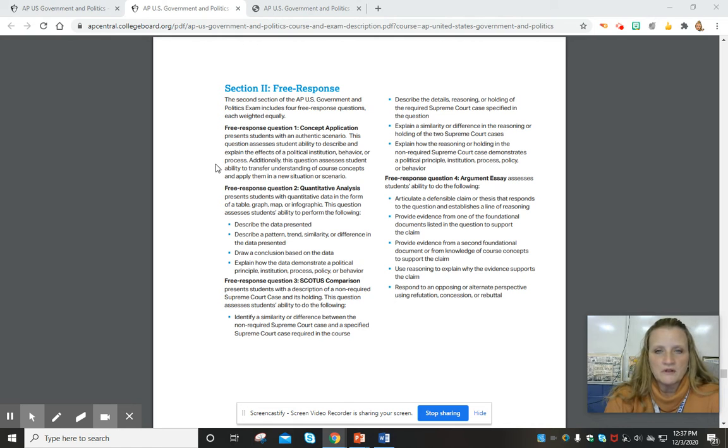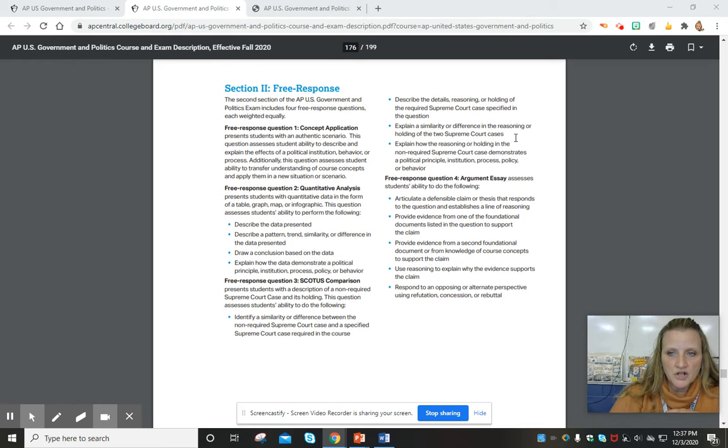You have to know that one. And it'll give you a case that might be similar in its finding, and you have to compare and contrast them. Okay? All right. So explain a similarity or difference in the reasoning or holding of the two Supreme Court cases.